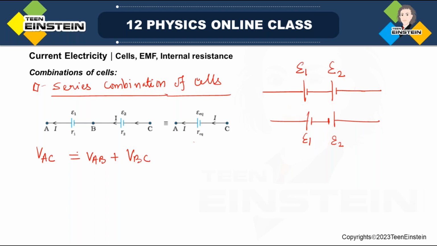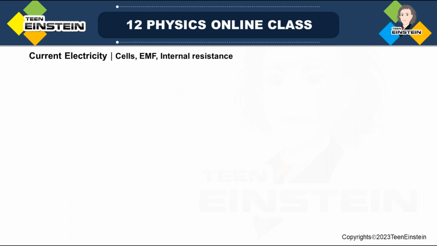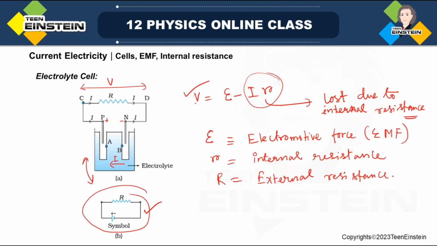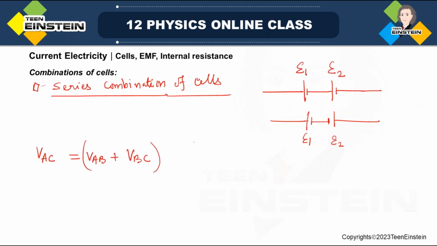So this is the total potential. Now we have to see what VAB is. We have already seen that the V for a cell is E minus I into R. That knowledge we will apply here.